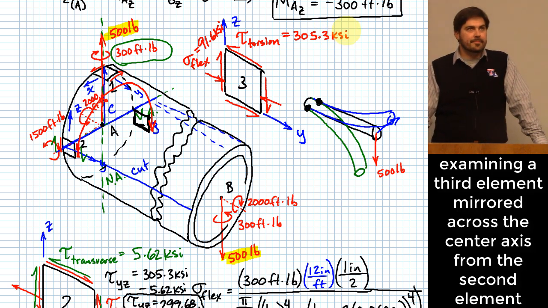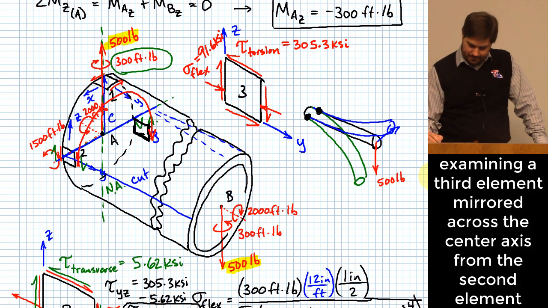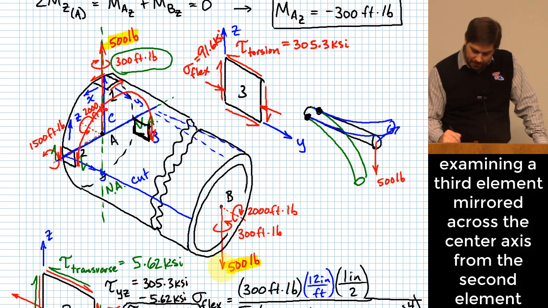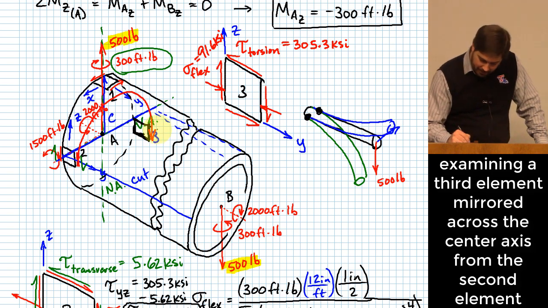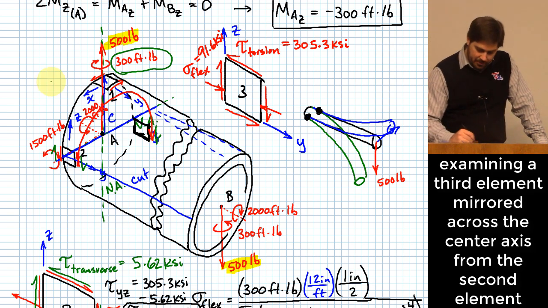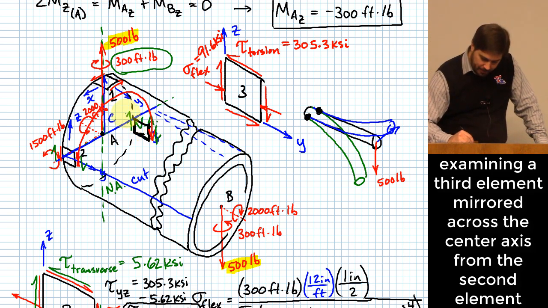Okay, now what about my transverse shear component? Okay, relative to x, the YZ directions here, it stays the same, right? Because the 500-pound that pulls down right here would have the effect of still pulling down on that side of that patch, whereas the 500-pound I had on the other side would pull up, right?